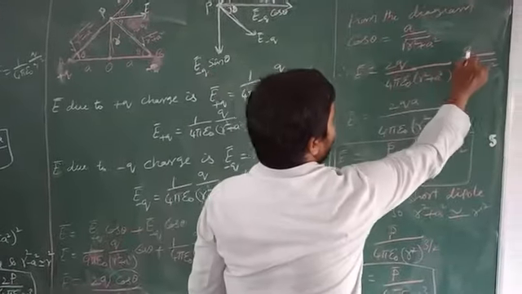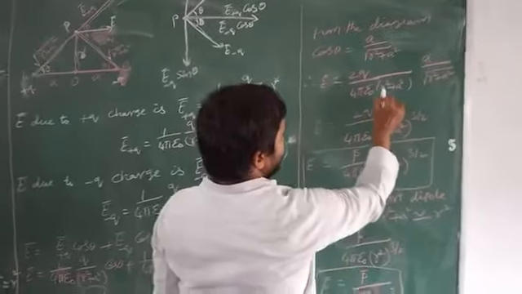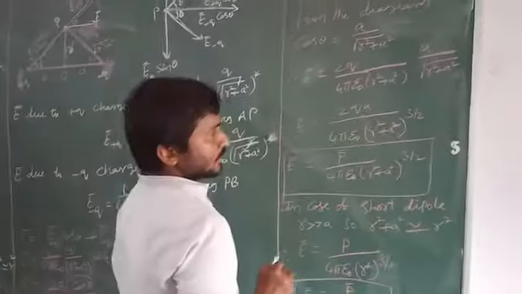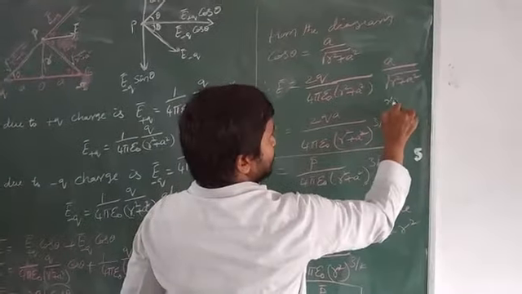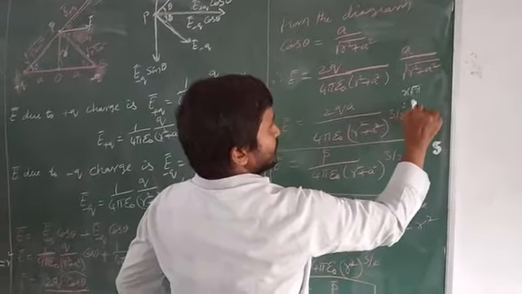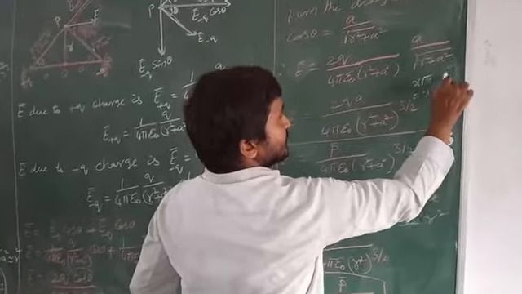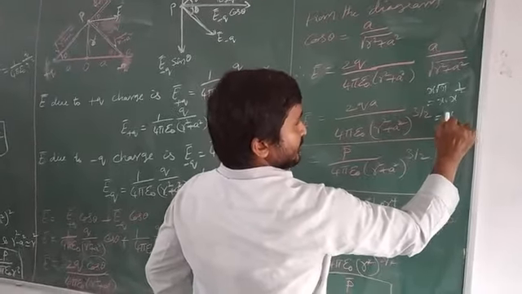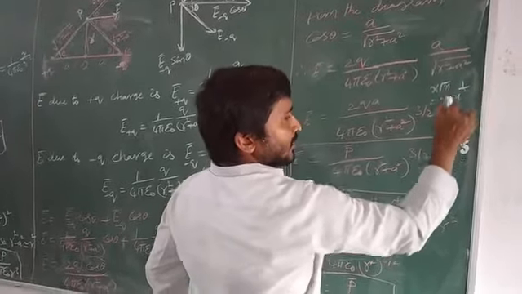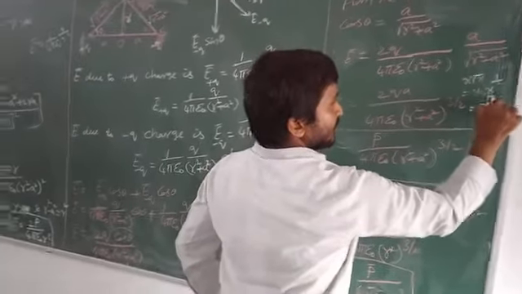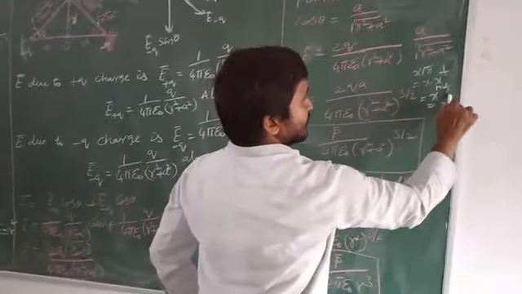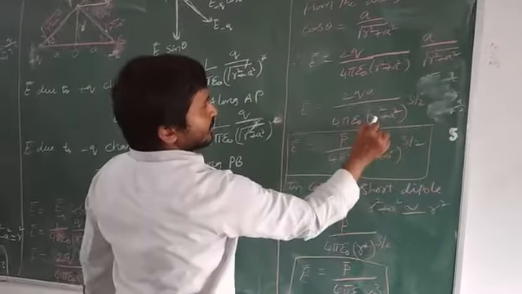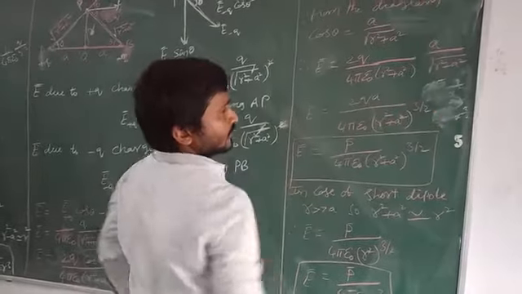Okay, 2q into a by 4 pi epsilon naught (r square plus a square) into root of (r square plus a square). ఏమవుతుంది అంటే x into root x రూపంలో ఉందన్నమాట. x into root x అంటే x into x power 1 by 2. a power m into a power n అంటే a power m plus n ప్రకారం x power 1 plus 1 by 2 అంటే x power 3 by 2. దాని ప్రకారం అది ఏమవుతుందమ్మా, (r square plus a square) whole to the power of 3 by 2.